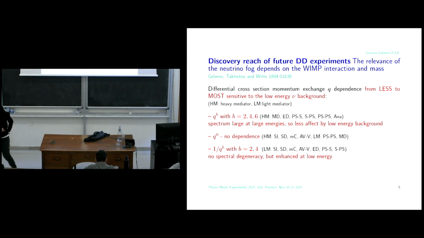I would say that the signal of heavy mediators is dominated by Q to the 0 in a spin independent. Otherwise, not. That's why I'm saying magnetic dipole, electric dipole, pseudoscalar, scalar, pseudoscalar, and anapole. And I can show you all of them if you want in my paper.